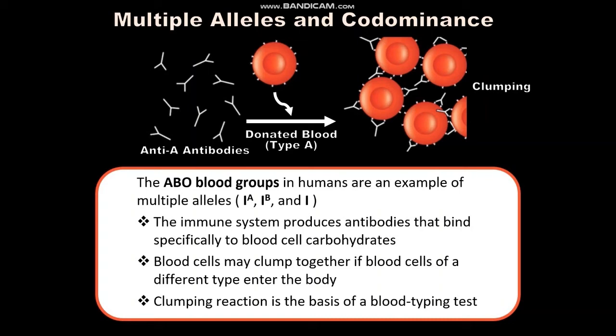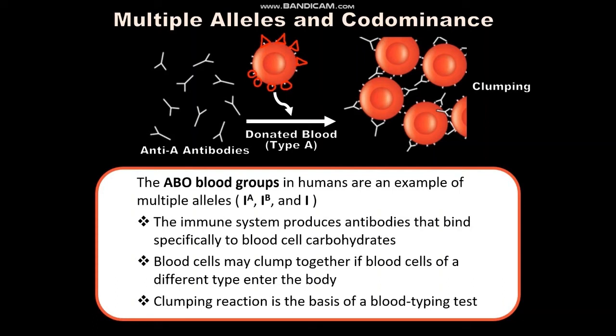You can have, for example, the A-type carbohydrate on your red blood cells. If you have the A-type carbohydrate, you have A-type blood. You could also have the B-type carbohydrate on the outside of your red blood cells. If you have that, you have B-type blood.